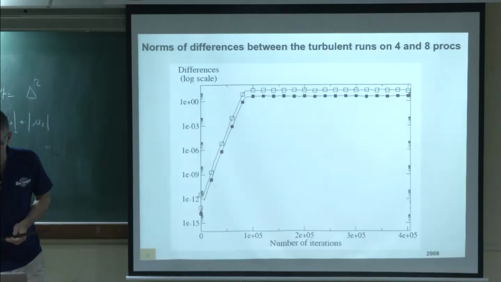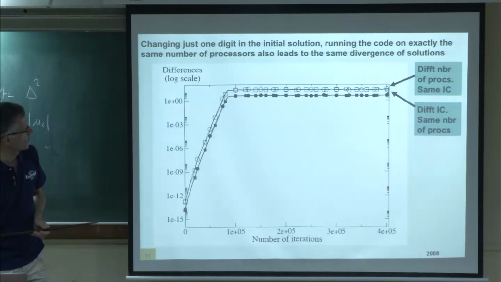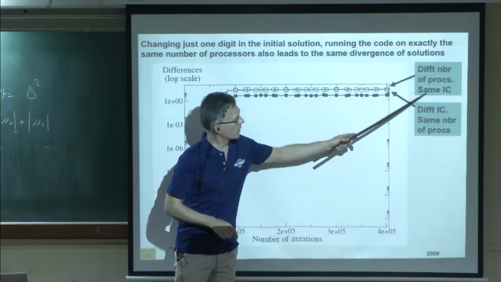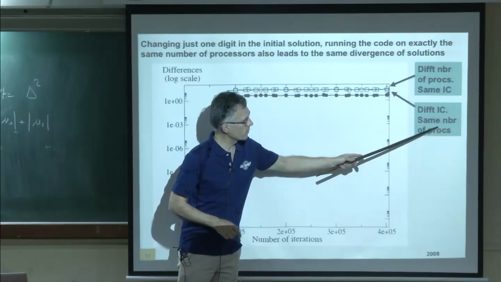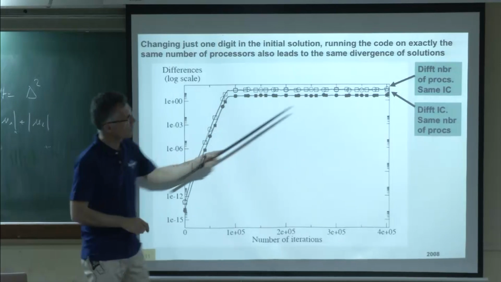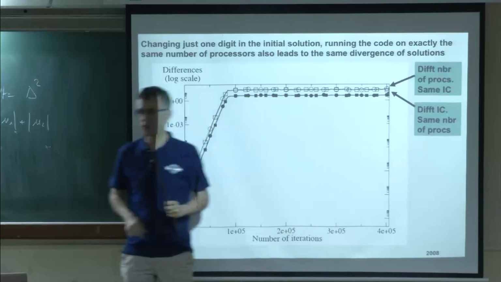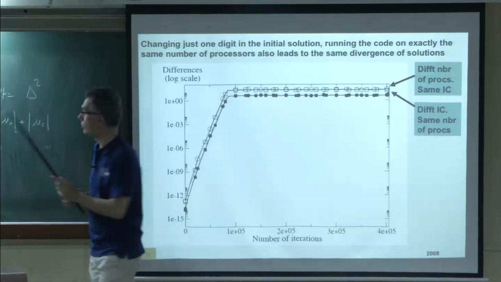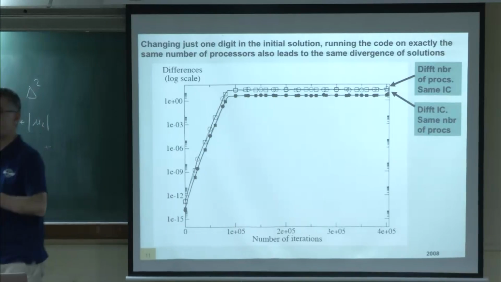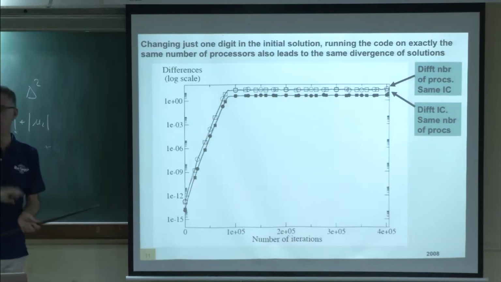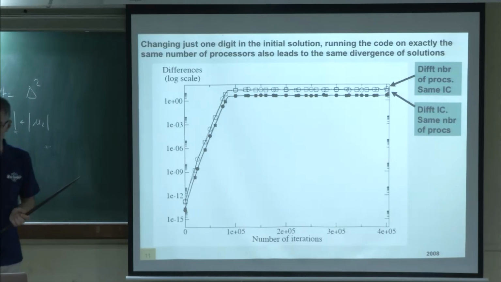Even a small quantity like this, if you look at these results here, this is the case where we have a different initial condition with just one digit, and you see that it's also growing exactly like what we had when we changed the number of processes. Even so, now the processes don't play a role anymore because we have neutralized the effects by forcing the order. So that's really telling you it's exactly the butterfly effect. 10 to the minus 16 on the initial solution, and solutions change.